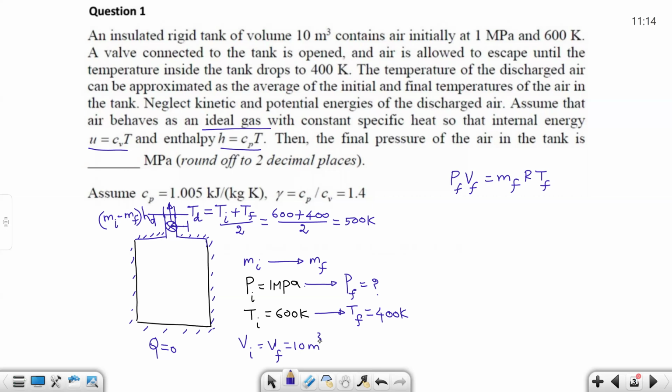So the final pressure will be equal to final mass times R times T final divided by final volume. It is air, right? We know that for air Cp is 1.005, so Cv will be 718 joule per kilogram Kelvin, and R will be 287 joule per kilogram Kelvin.